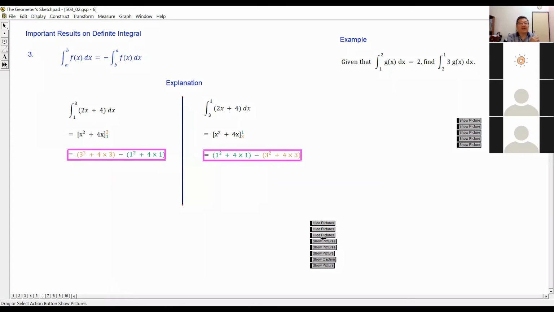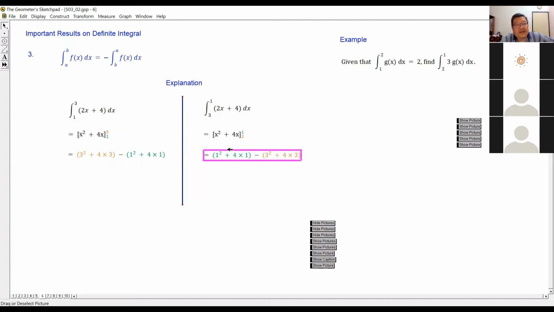Then I want to substitute numbers inside. So when I substitute the number 3 inside, I have this orange color. When I substitute the number 1 inside, I have this green color. On the other side, on the left hand side, I cannot substitute 3 first. I have to substitute 1 first.